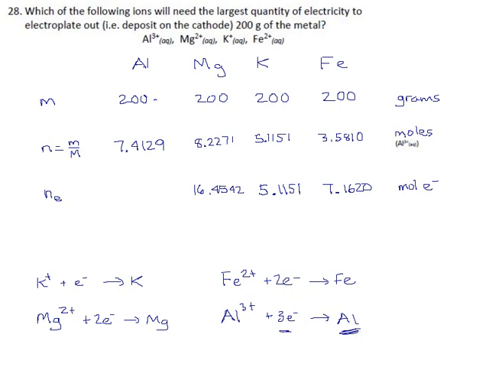So 7.4129, go into the calculator for this one, times 3 means we need 22.239 moles of electrons to reduce the aluminum. So potassium factory, pretty cheap. Iron factory, still pretty cheap. Magnesium factory, more expensive. Aluminum factory, super expensive.